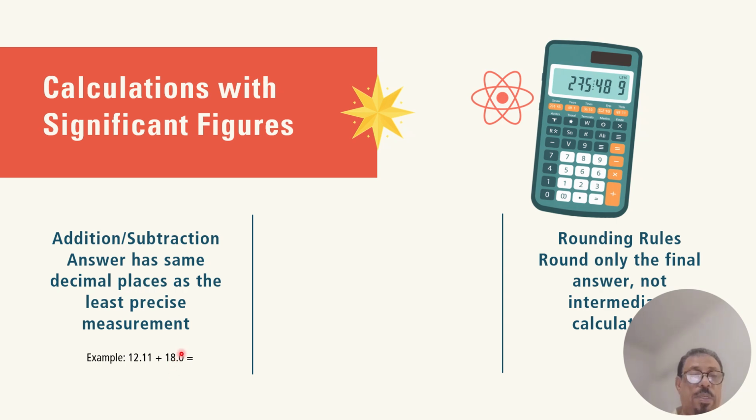There will be only one digit. So you're going to follow the least precise. This is a better measurement. It has two digits after the decimal point. So the answer will contain only one digit after the decimal point. So 30.1.